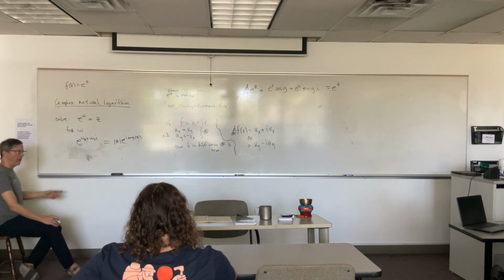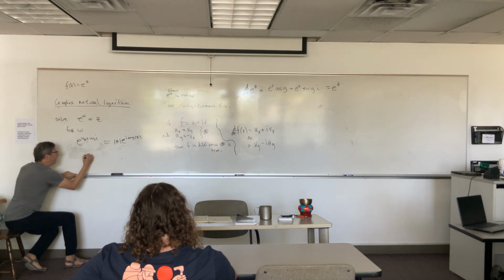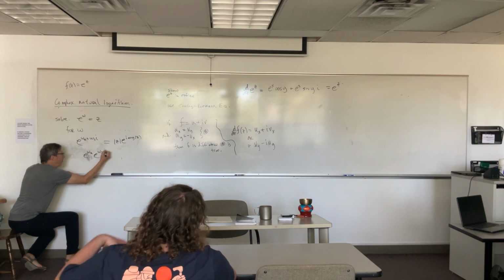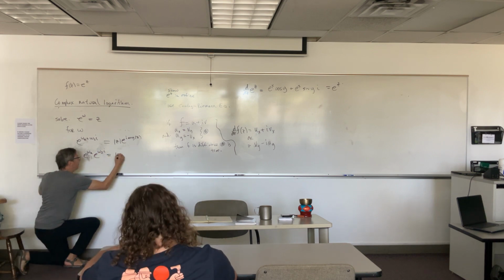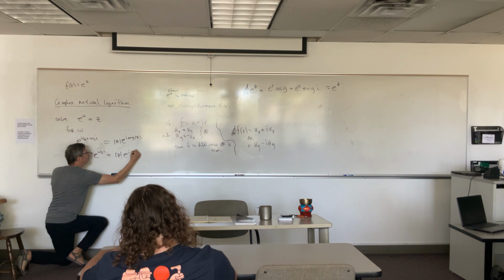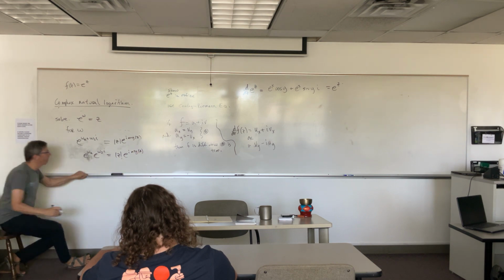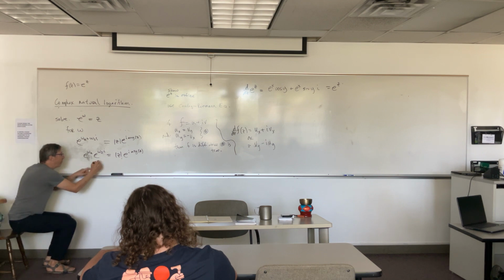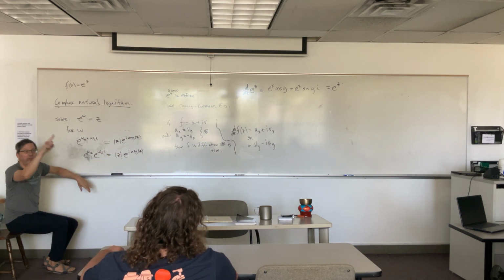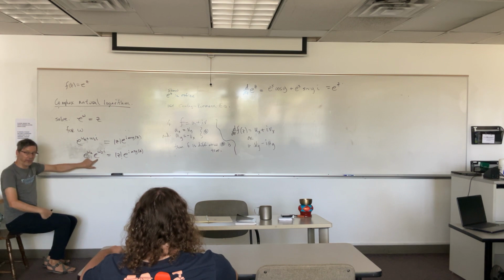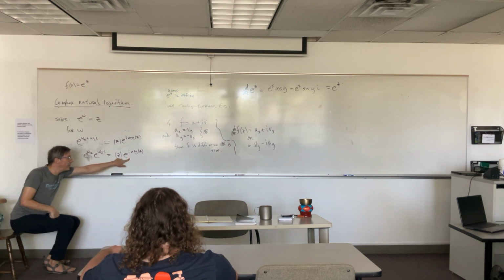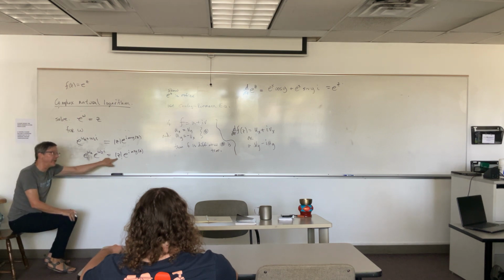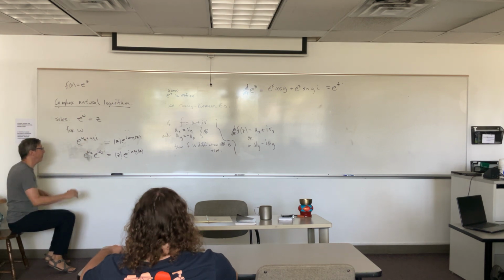So let's rewrite this: e to the real part, e to the imaginary part equals this. And remember how these work. This e to the i part tells you where you're pointing. This is on the unit circle, and it tells me what direction. The thing in front is the modulus that tells me how far to go in that direction.